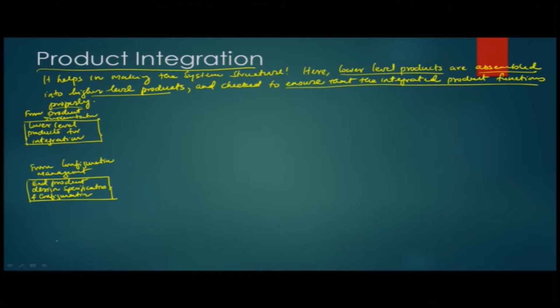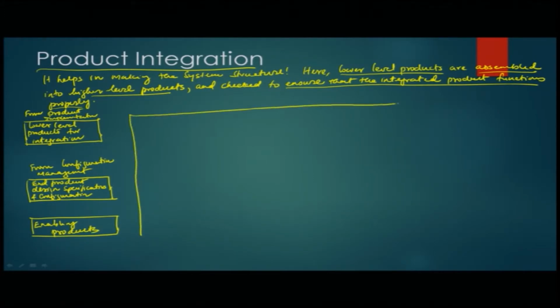All of them come from the configuration management, and we also have the enabling products. With this, we create the system or the option where the first thing we do is prepare for product integration.